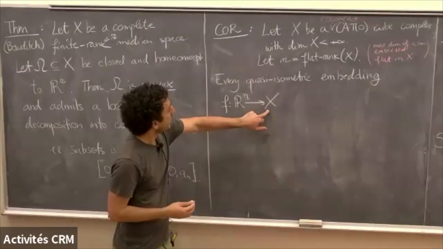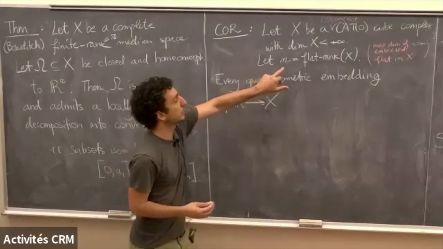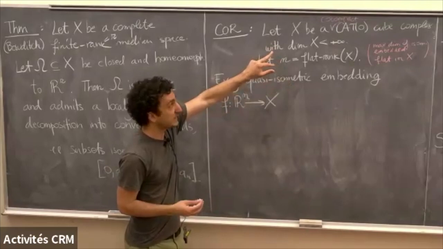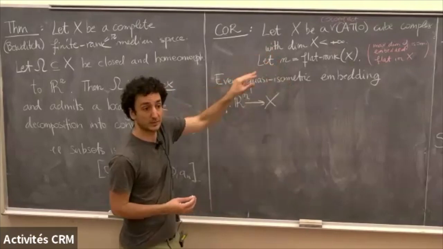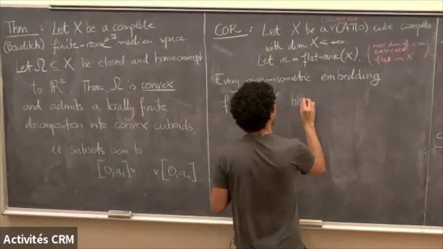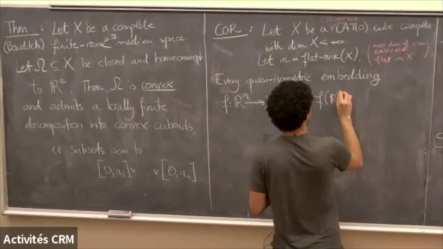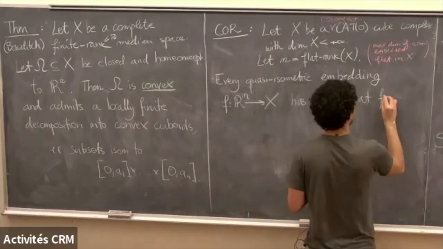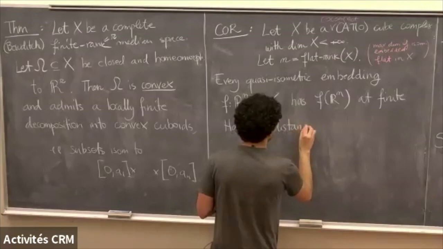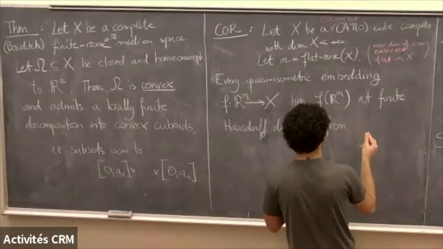Again, you take N equal to the flat rank, but it might be much smaller than the dimension of the cube complex. So any such quasi-isometric embedding has image at finite Hausdorff distance from a finite union of portions, defined in the right way.